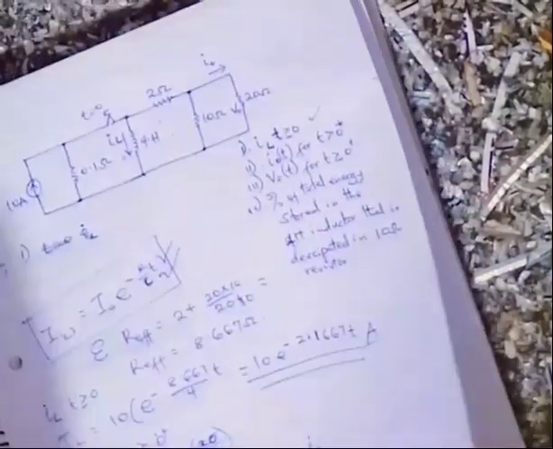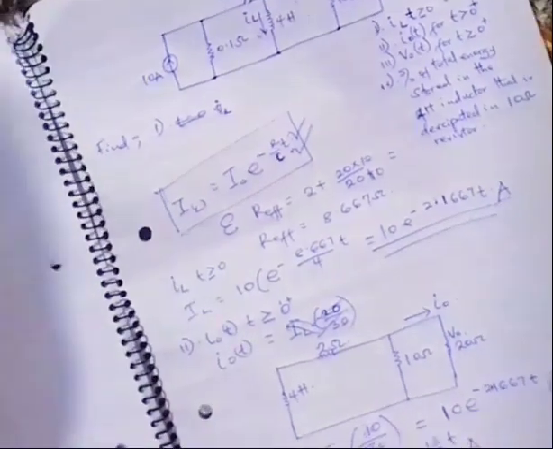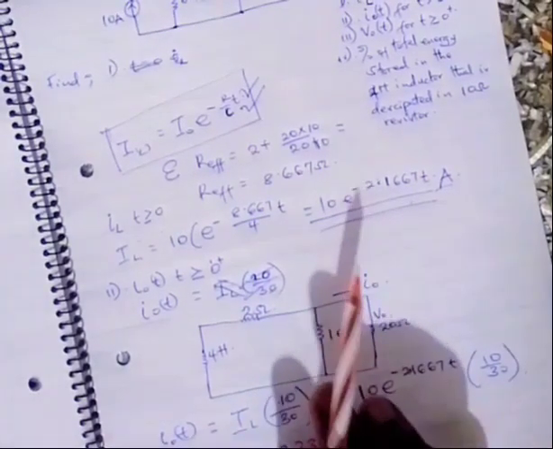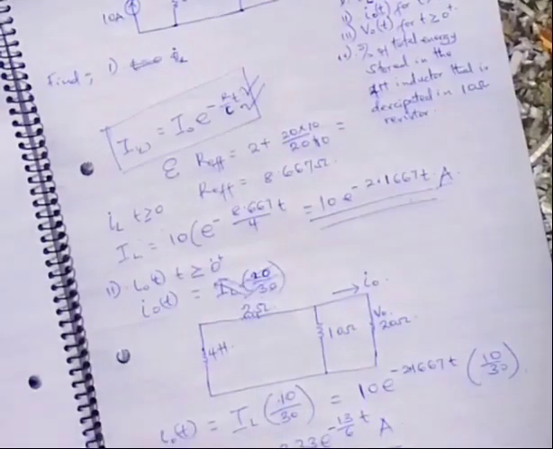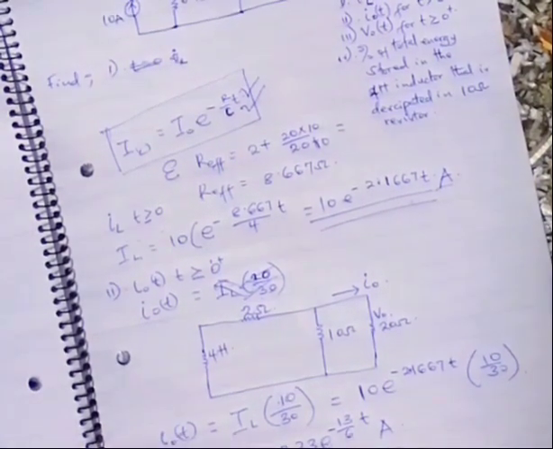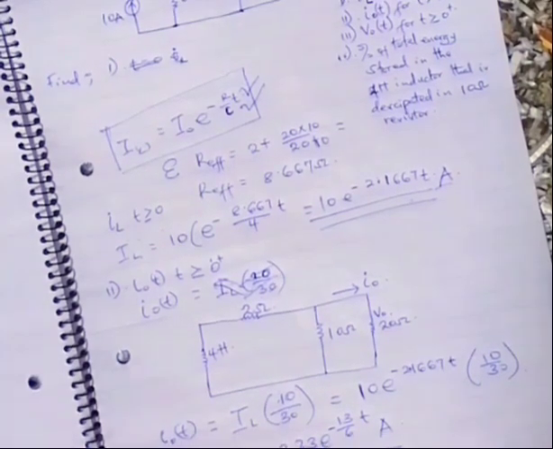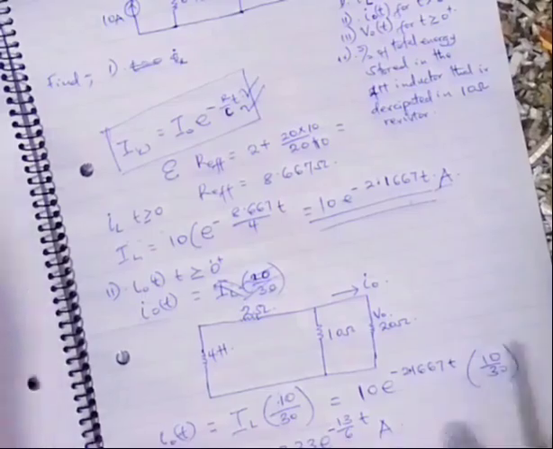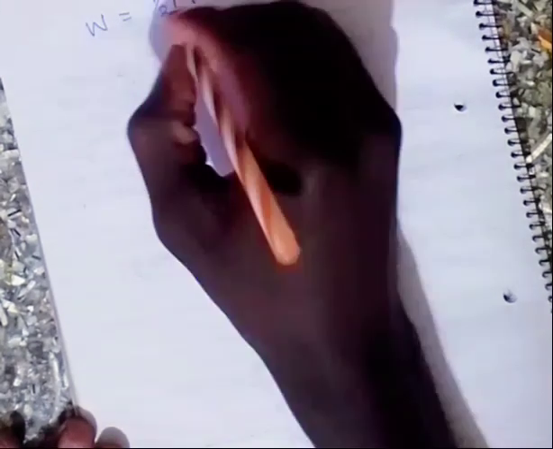So at that particular point, for energy to be dissipated in the 10 ohm resistance, we'll first of all find the total energy. Total energy is equal to a half L i squared. So this is the formula for finding the total energy.